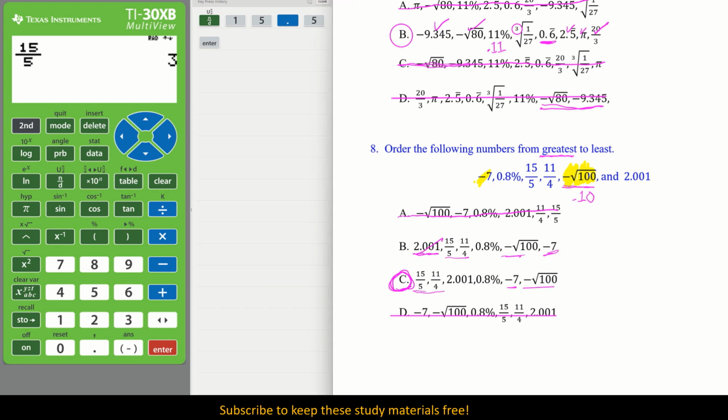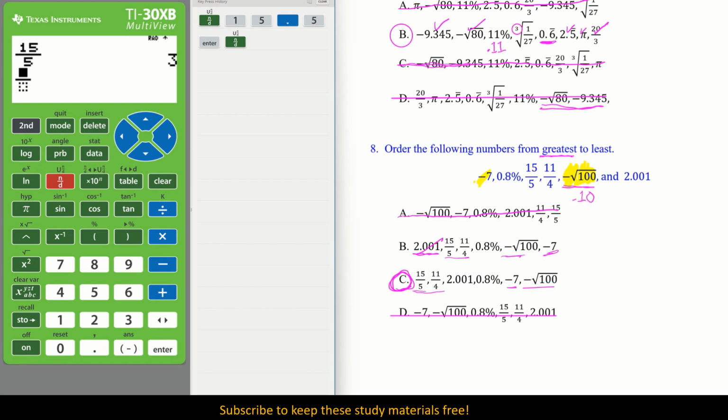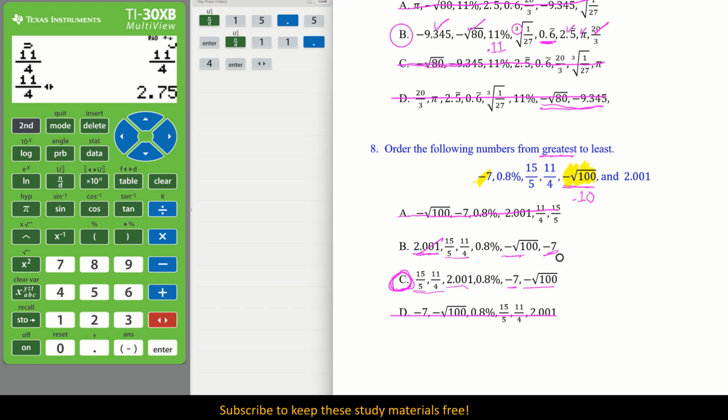But let's go ahead and look at the next fraction. So that would be 11 over 4, enter, and toggle. Oh, okay, that definitely makes sense. 2.75 is definitely larger than 2.001. So C is verified.